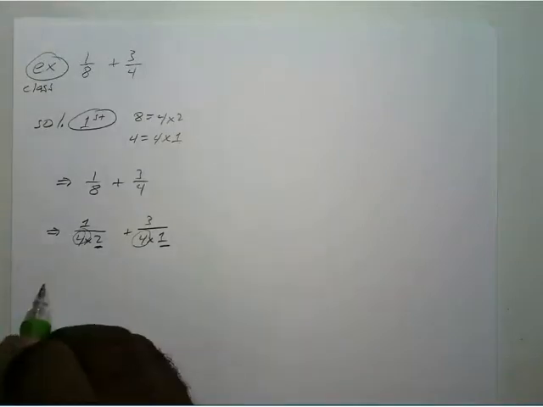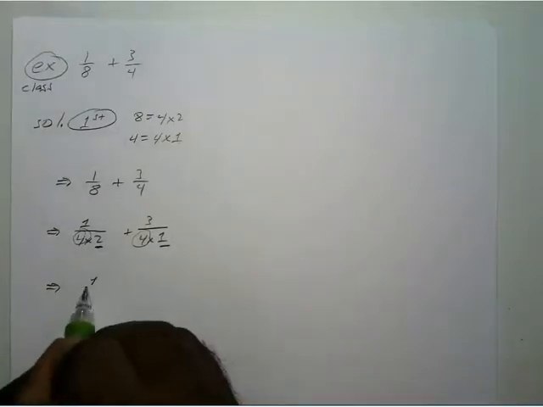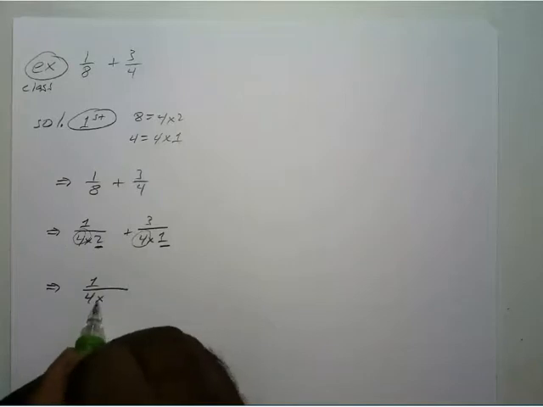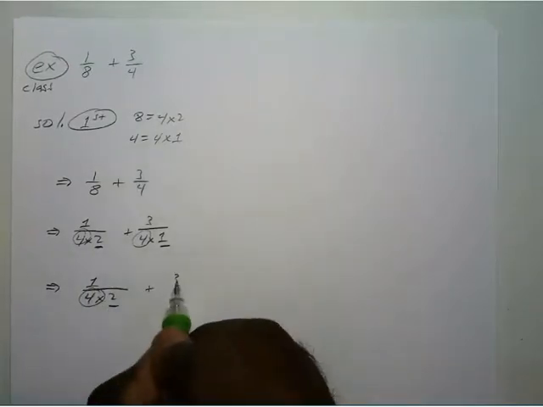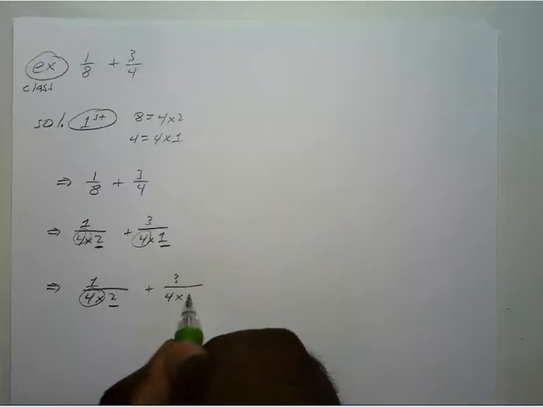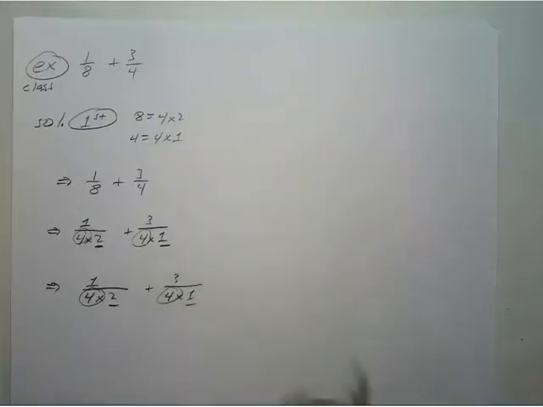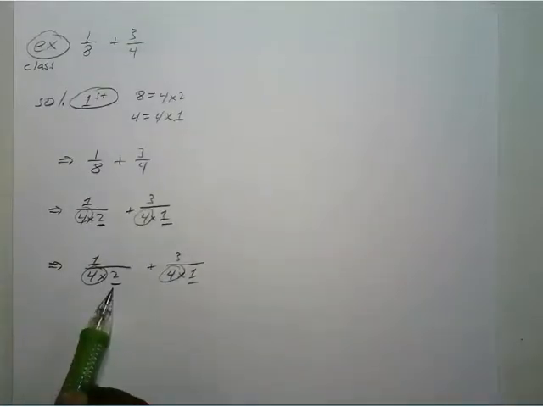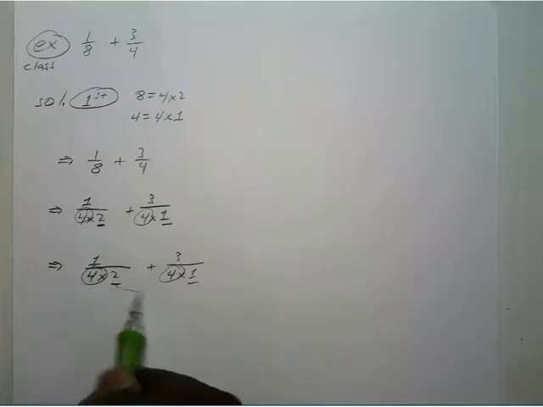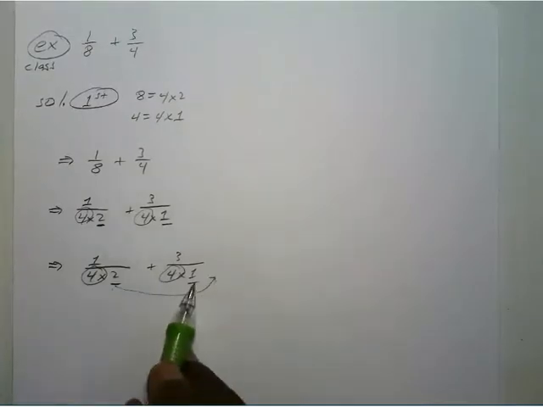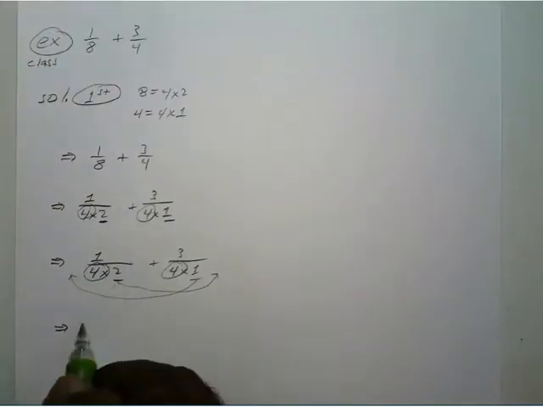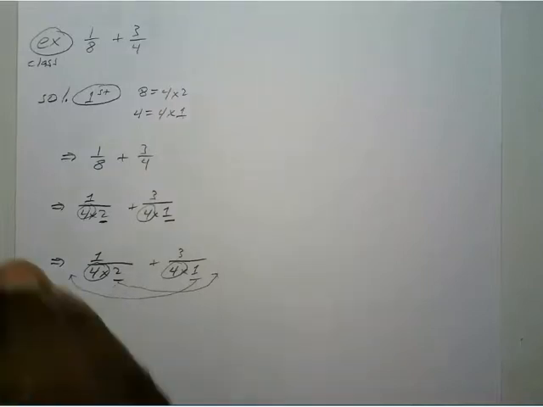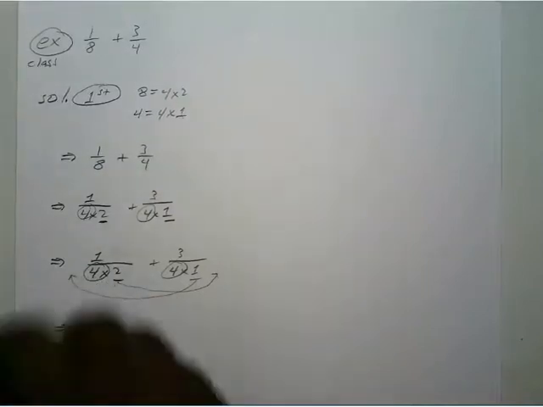All right, so we're going to rewrite this. 1 over 4 times 2, so that circle that's underlined, plus 3 over 4 times 1, that circle that's underlined. So this is underlined, which means we're going to multiply it on this fraction. This is underlined, so we're going to multiply it on this one. So that gives us, well, I could write it up here, save a little space.